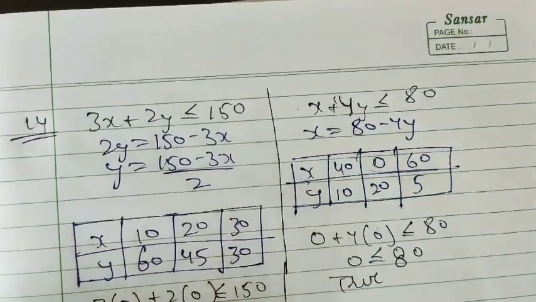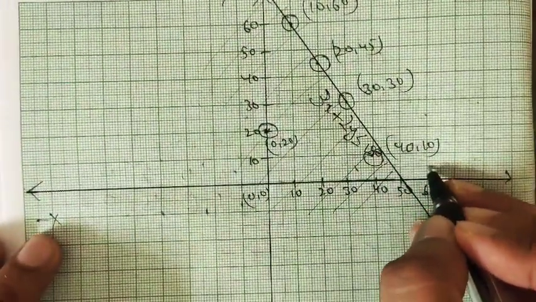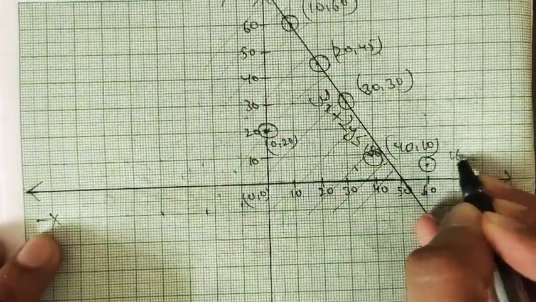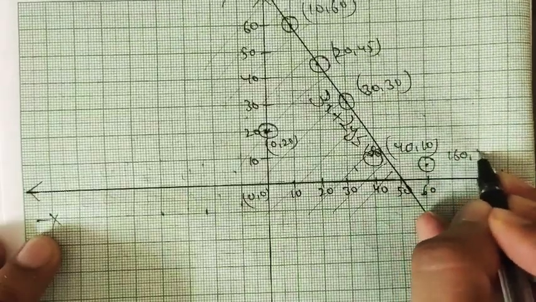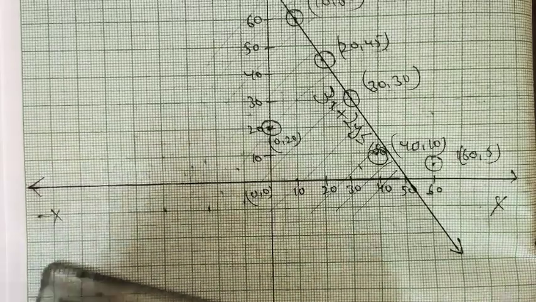One more coordinate is there in between, (60, 5), this one. So let's join it.